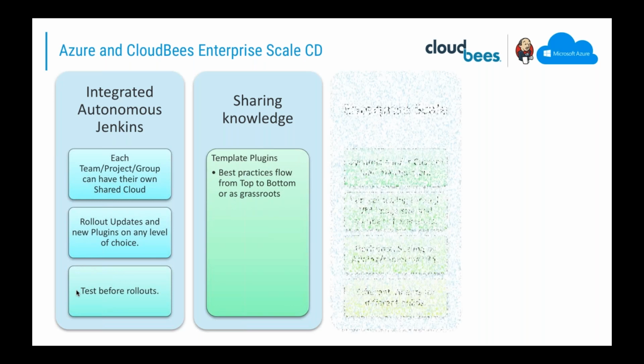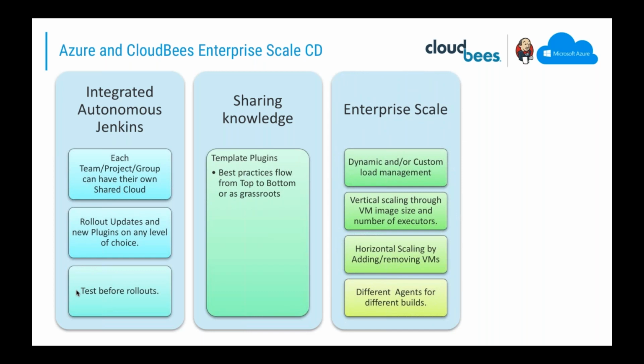And then we have the scale of the enterprise, of course, being able to dynamically or on demand add load or remove load, being able to scale vertically by changing the type of machine we are using, or scale horizontally by adding new VMs or removing VMs, and our ability to choose completely different types of machines for different builds.